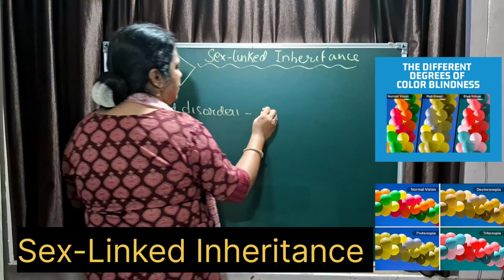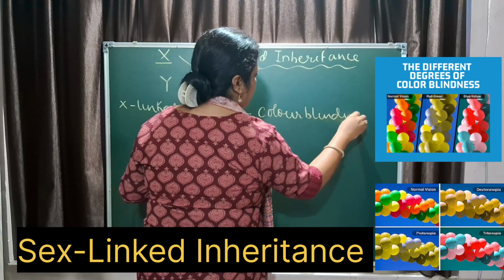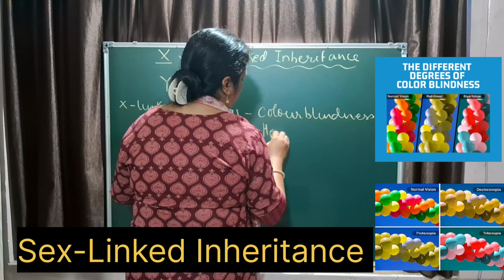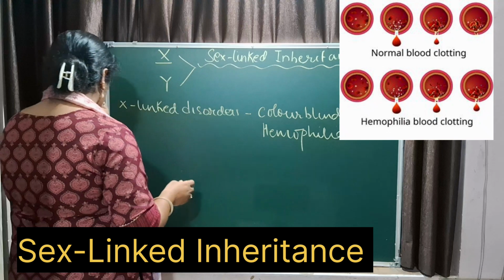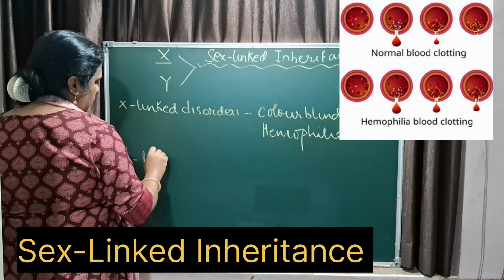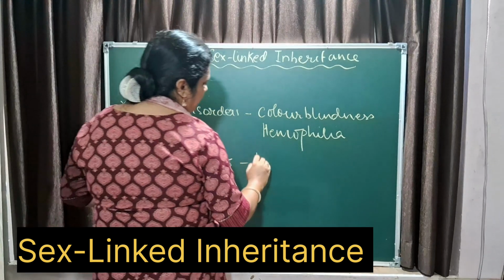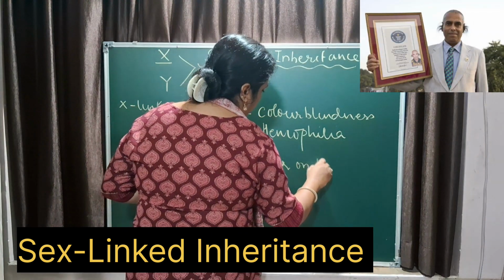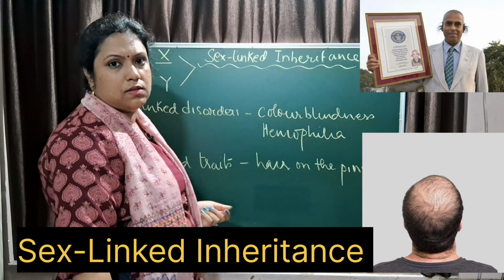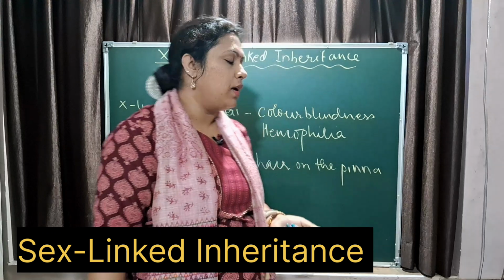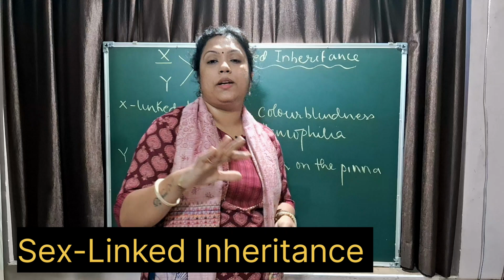For example, you have color blindness, hemophilia. Right. Then Y-linked traits, example hair on the pinna, certain baldness is also Y-linked, right. So, we will study about how these things are inherited. Okay, we'll take case wise studies.